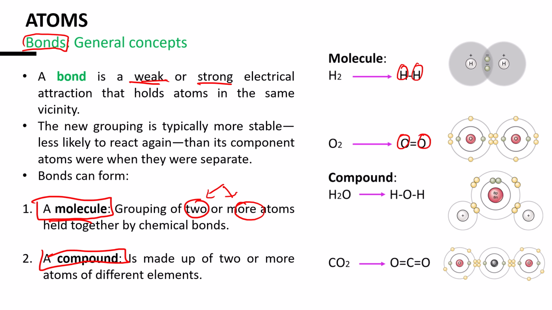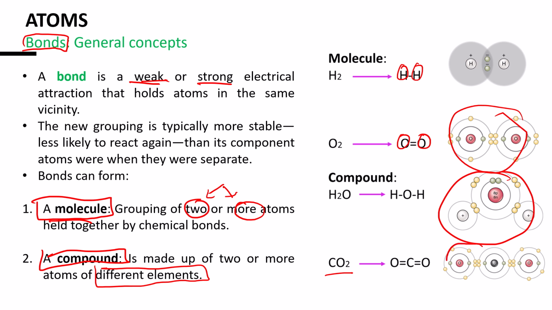Now a compound is made up of 2 or more atoms of different elements, right? So that's why when you see water or CO2, those are compounds because they're not the same element. And you can see here how the elements interact with each other and the electrons. So we're going to talk about those in just a minute.